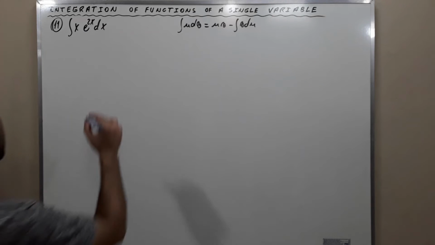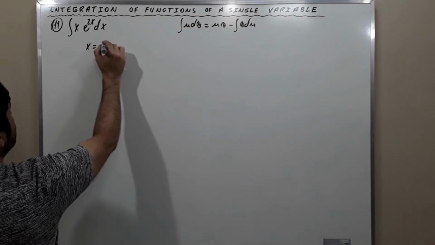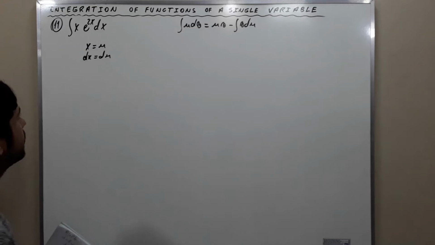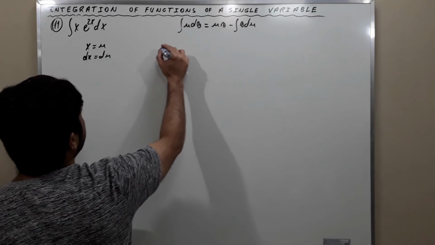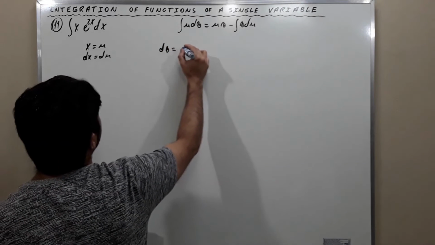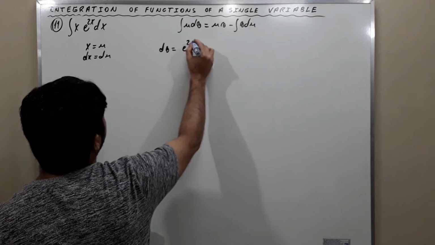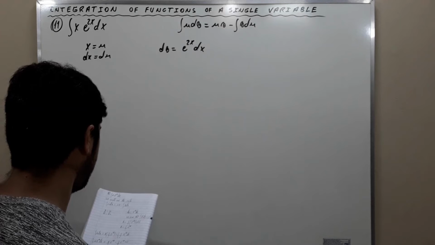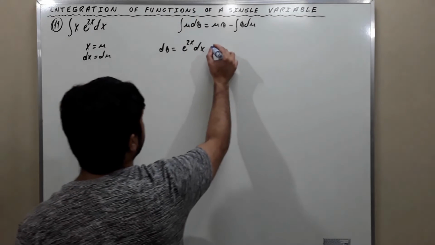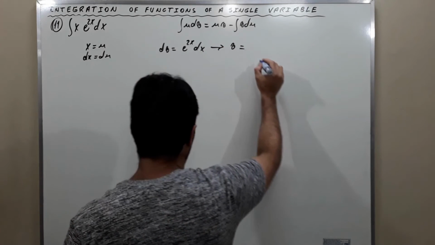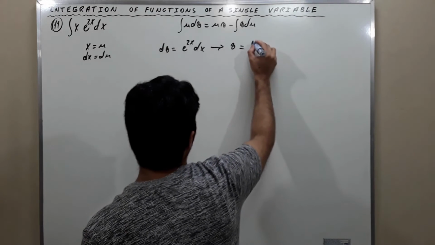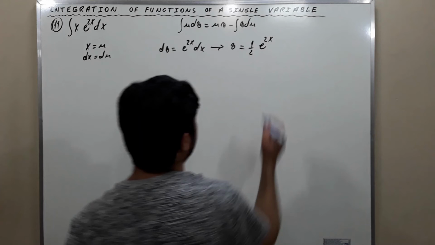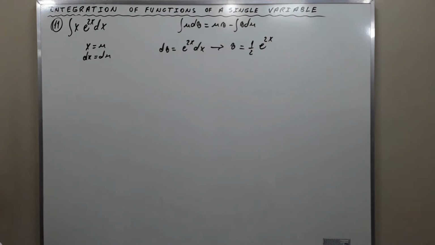We're going to call x equal to u and dx is equal to du, and we're going to call dv equal to e raised to the power of 2x dx. And if we integrate this to find the v, we discover that v is equal to 1/2 of e raised to the power of 2x.